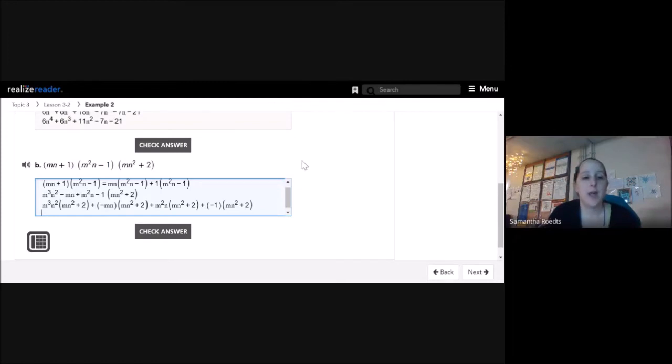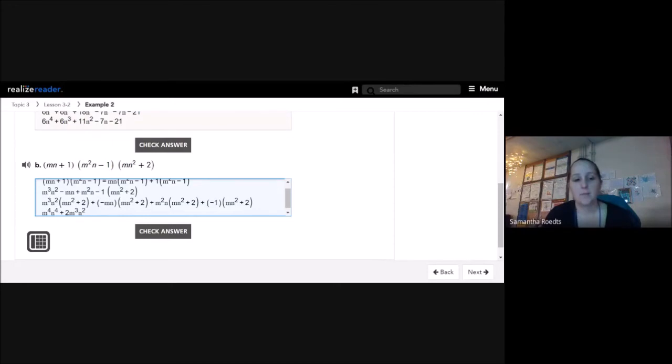Okay. So m cubed n squared times mn squared gives me m to the 4th n to the 4th plus 2m cubed n squared. Okay.